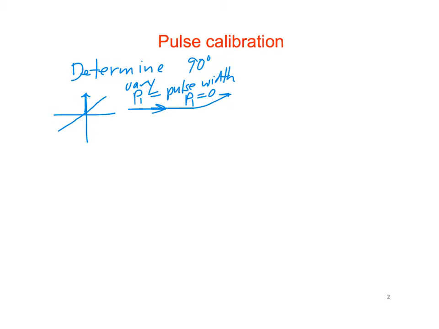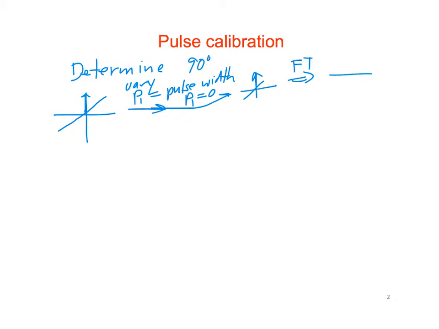What would we get out of it? Nothing, right? Because we've never tipped anything into the XY plane. So it would still be the same, and if we did our Fourier transform, we just get a flat line, right? We never tipped anything into the xy plane.